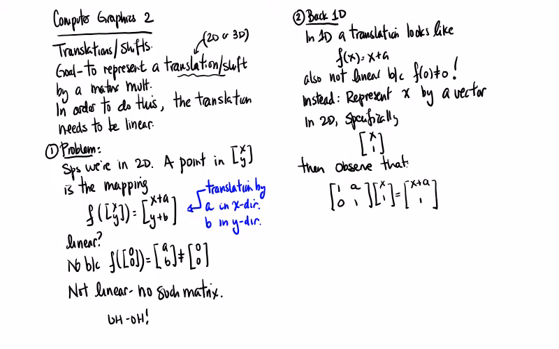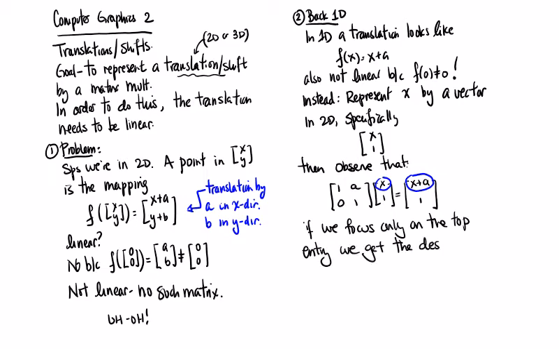So if we focus only on the first entry, we get a translation. If we focus only on the top entry, we get the desired behavior, the desired translation.